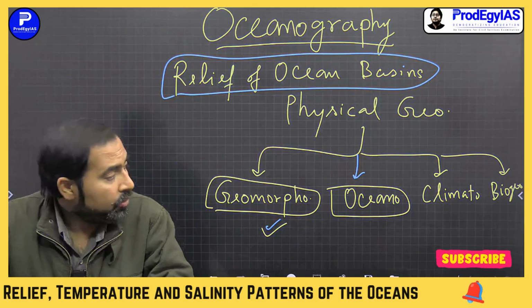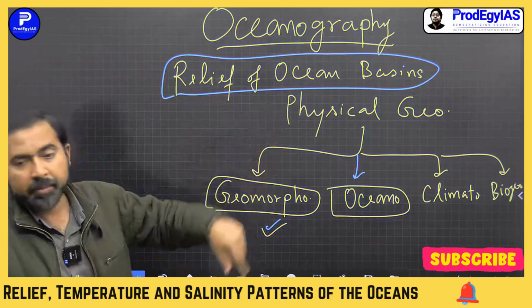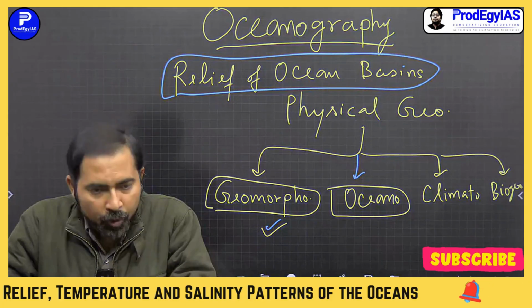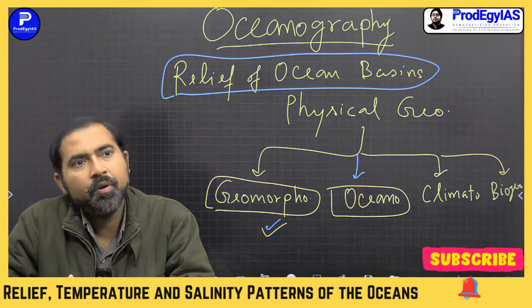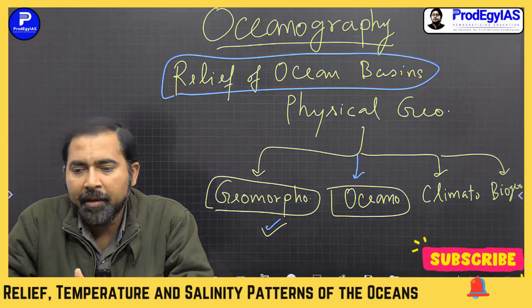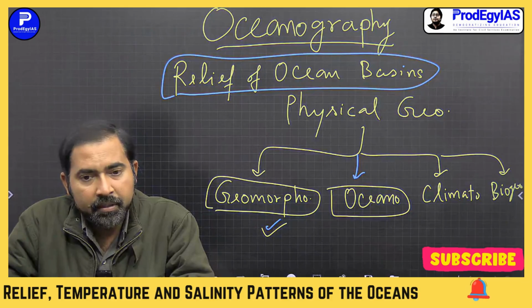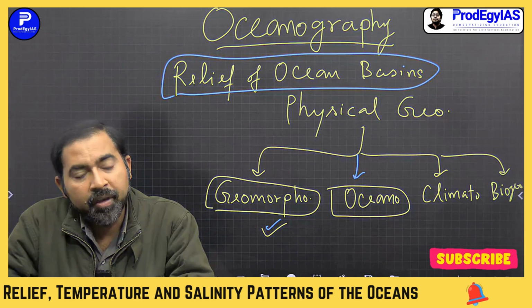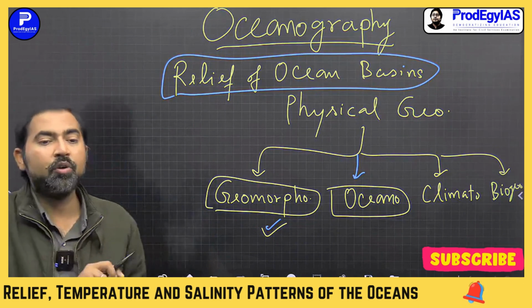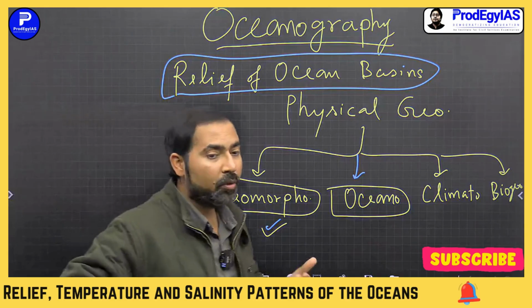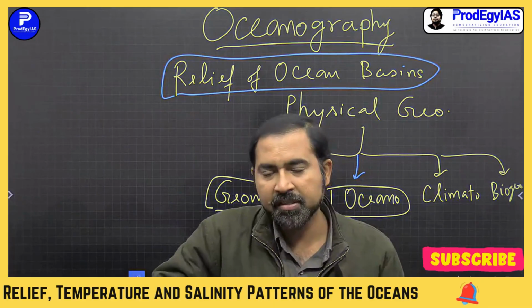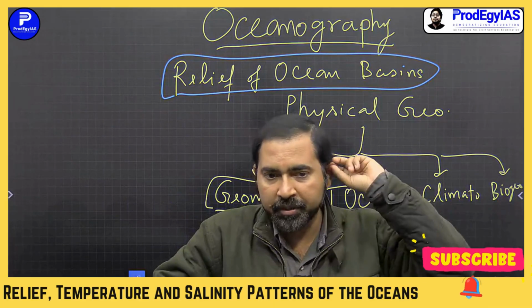And one more thing, the relief feature of the oceanic basins is also important regarding the topography, and it will also help you to better understand the oceanic mineral resources, right? When we study the human and economic geography part, there you will study about the oceanic minerals, like minerals that you can find in the Indian Ocean region.